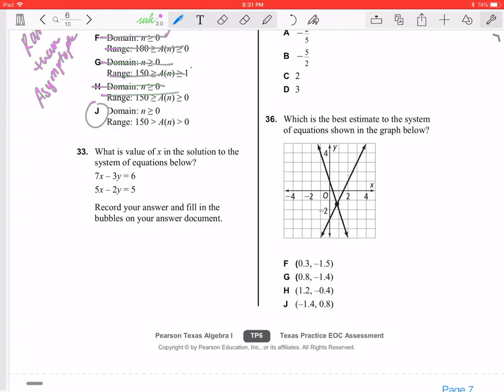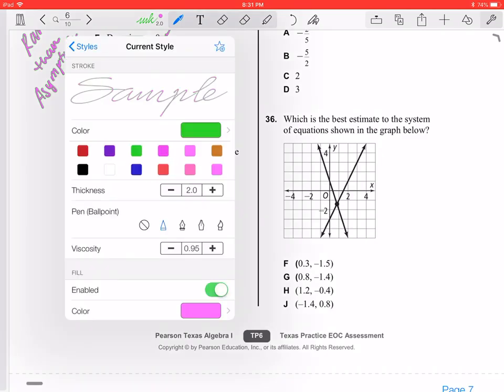Number 33, what is the value of x in the solution to the system of equations below? Record your answers. All right, I am going to solve using elimination. I have negative 3y on top and negative 2y on the bottom. I'm going to multiply the bottom by negative 3, and I'm going to multiply the top by positive 2.